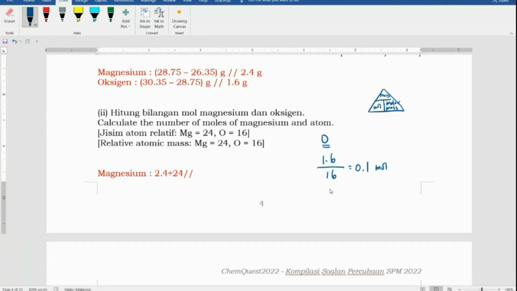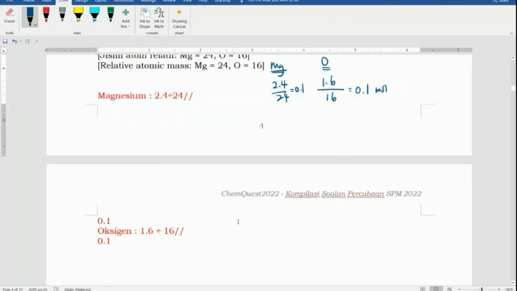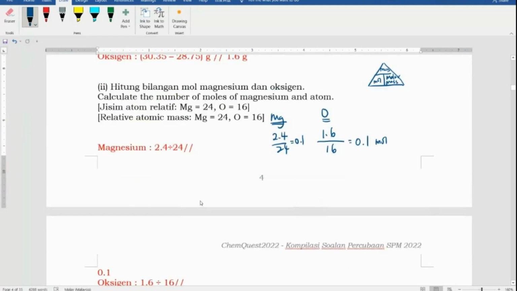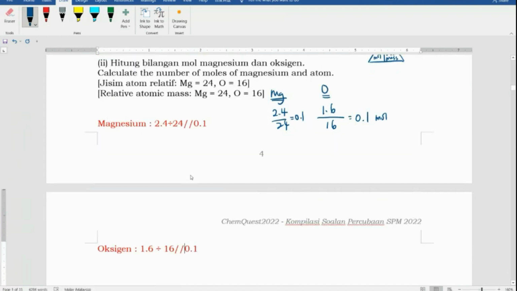Okay. For magnesium, it is 2.4 over 24, so you get 0.1 also. So both are 0.1.